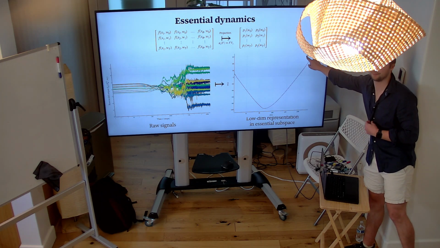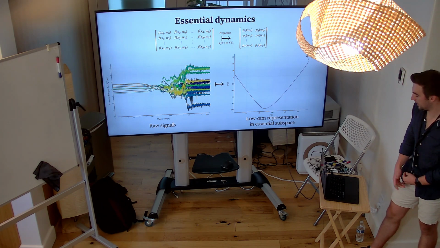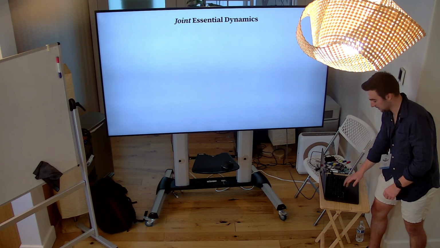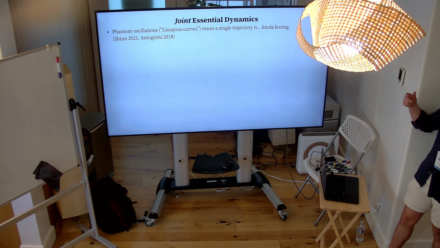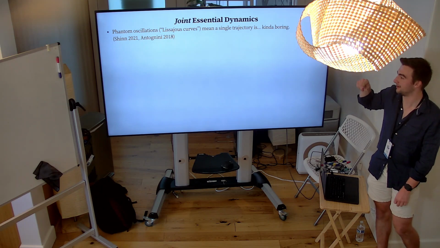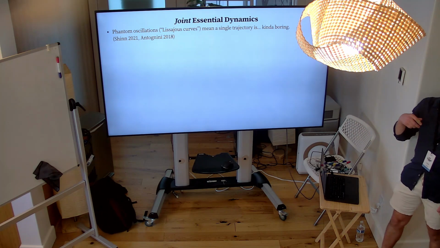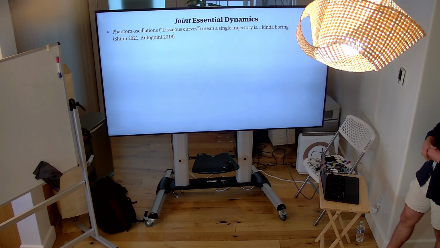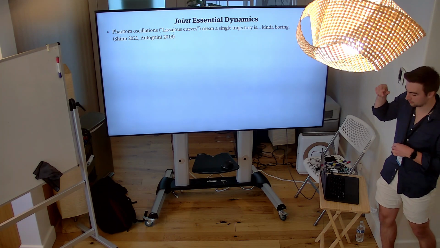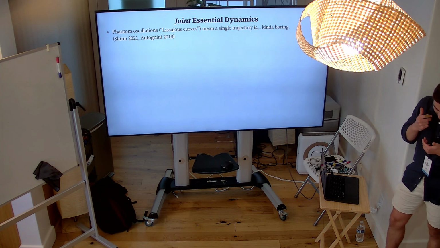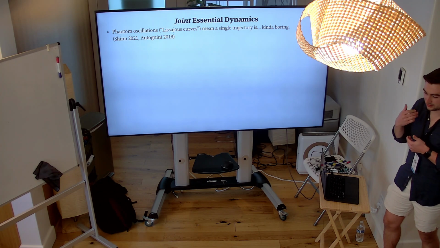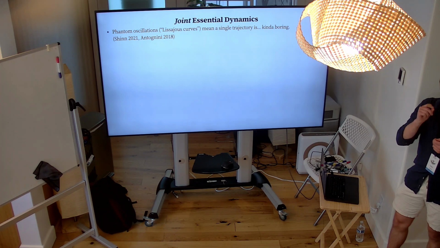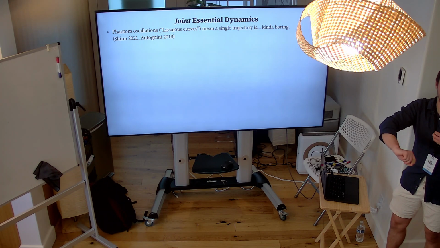Alright. So that was normal essential dynamics, but the problem is in normal essential dynamics you often get these so-called phantom oscillations, which can be called Lissajous curves, or at least deformations of Lissajous curves. The reason for this is that when you are feeding in time signals into PCA, time is a very, very strong driver of that data.